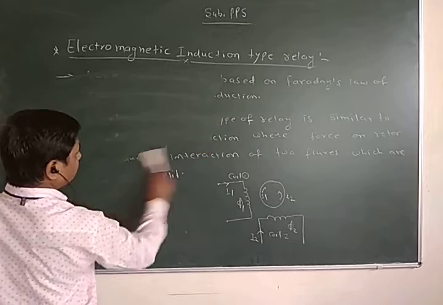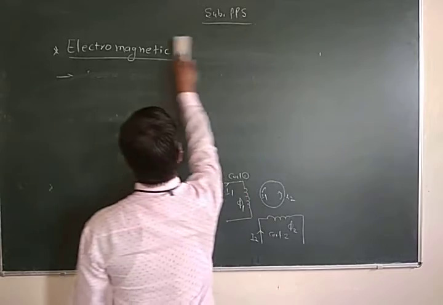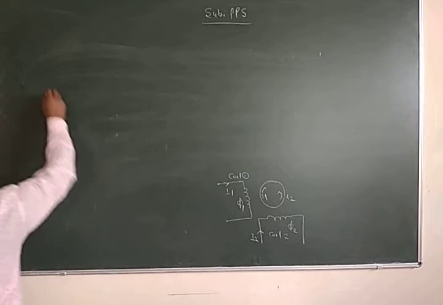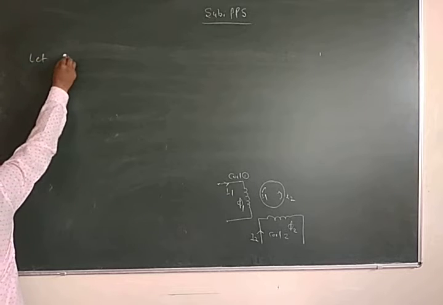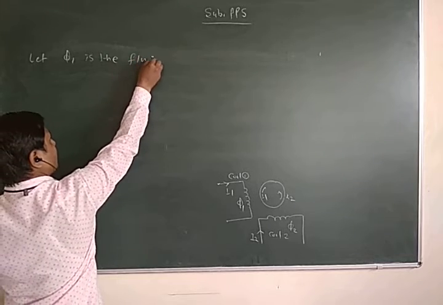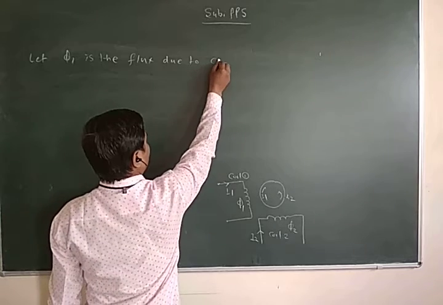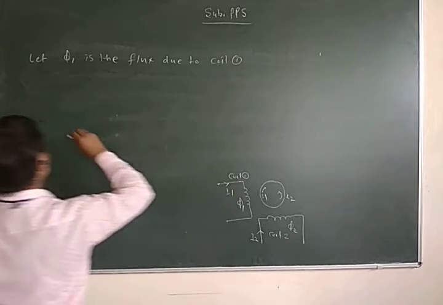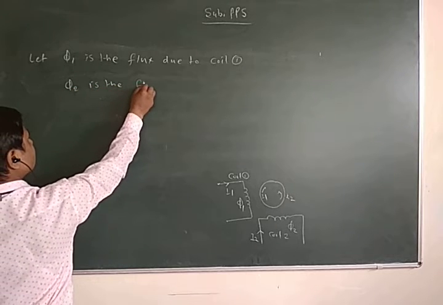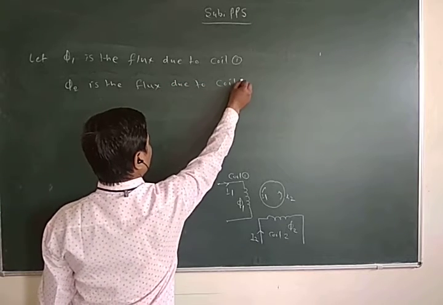So next we write: let Phi1 be the flux due to coil 1 and Phi2 be the flux due to coil 2.